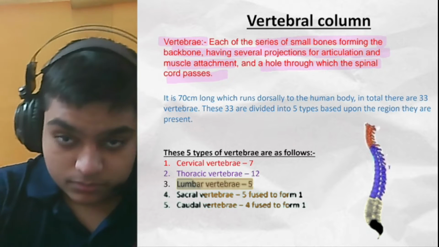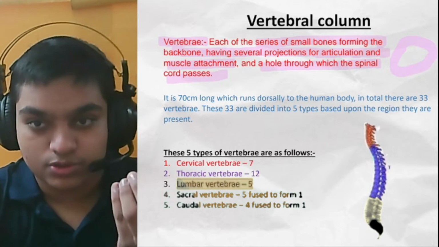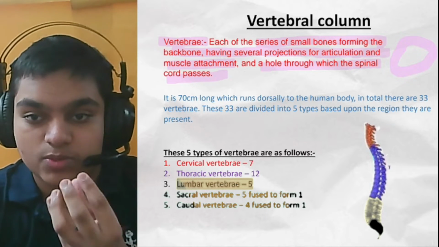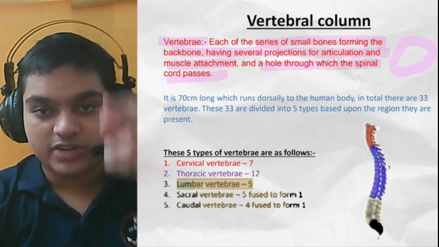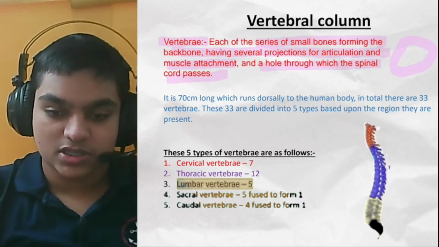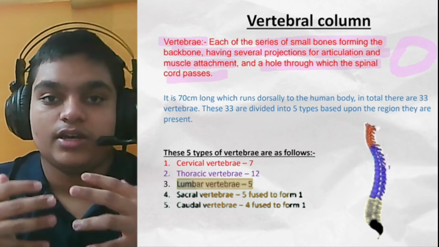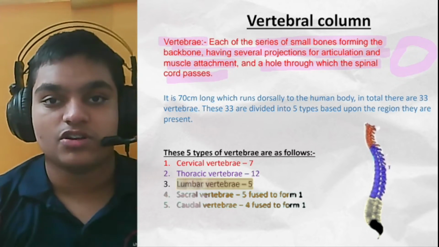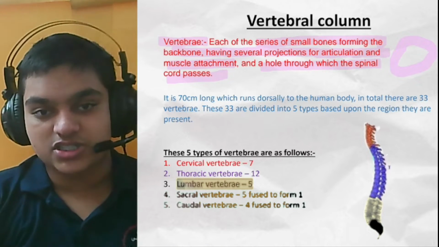They are small, ring-like bones which run dorsally. They form the vertebral column. They have projections, which have the function of articulation and muscle attachment, and different functions they do.